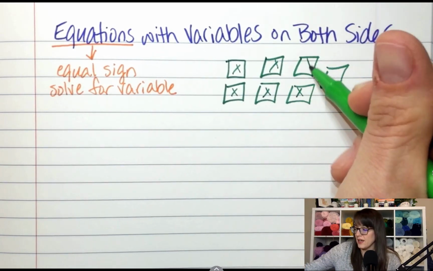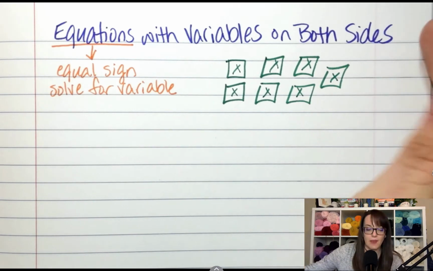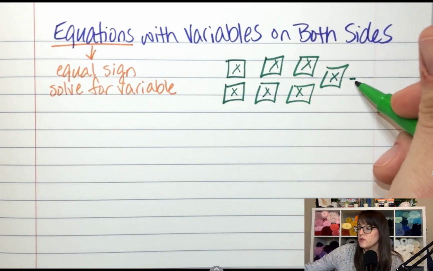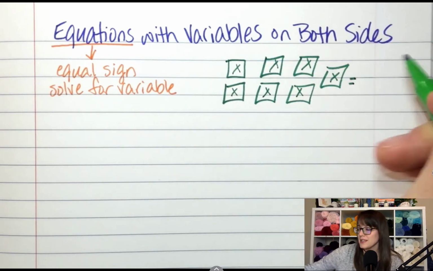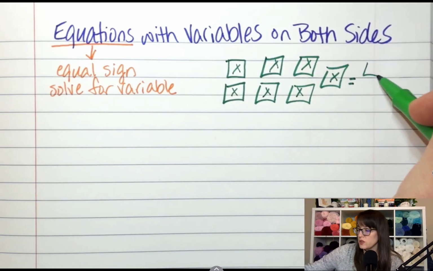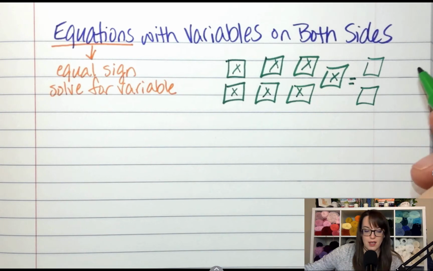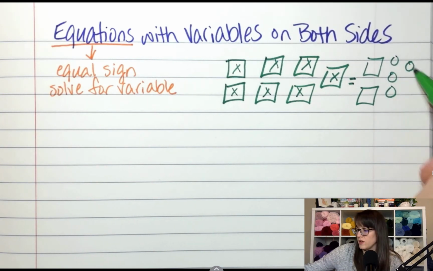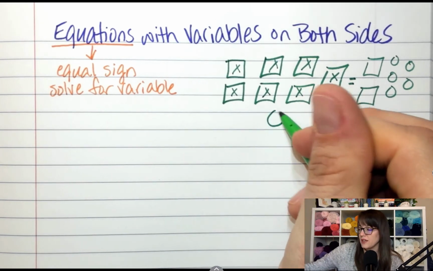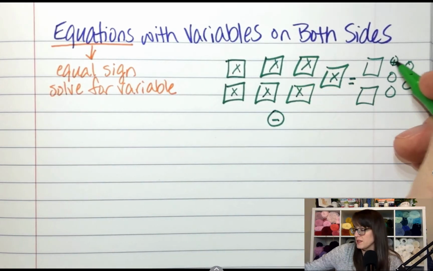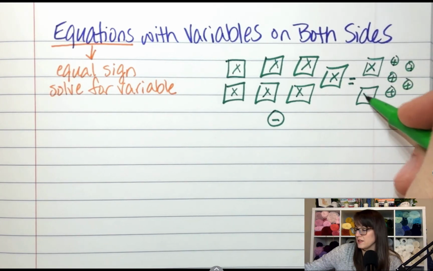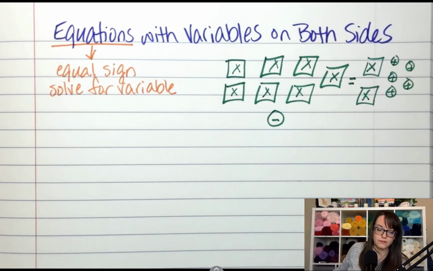These are like boxes, and there's something in this box, and we don't know what's in the box, so we have to figure it out. But we do know that this many boxes equals 2 boxes and 1, 2, 3, 4, 5. Oh, I forgot to mention there's a negative 1 over here. So these are positive, positive, positive, positive, positive.